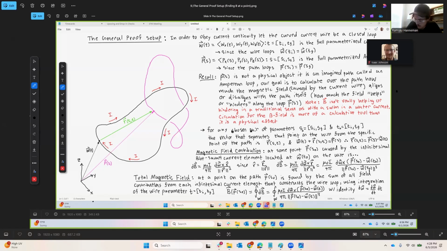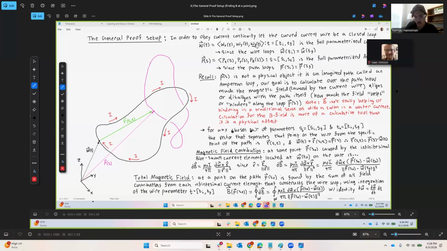For that wire, I'm going to do a parametric path, very Calc 3. We take a vector called W that's a function of the parameter t, and we tell you exactly where the x component of the wire is for the parameter t, exactly where the y coordinate is, and exactly where the z coordinate is.